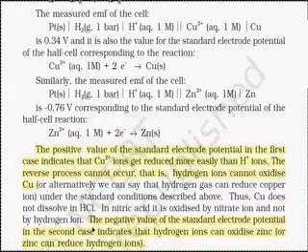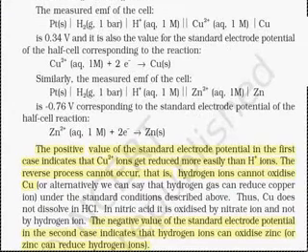Now over here the negative value of standard electrode potential in the second case indicates that the hydrogen ions can oxidize zinc or zinc can reduce hydrogen ions. So with respect to SHE, that is the standard hydrogen gas electrode, standard zinc half cell will act as an anode, while the standard copper half cell will act as a cathode.